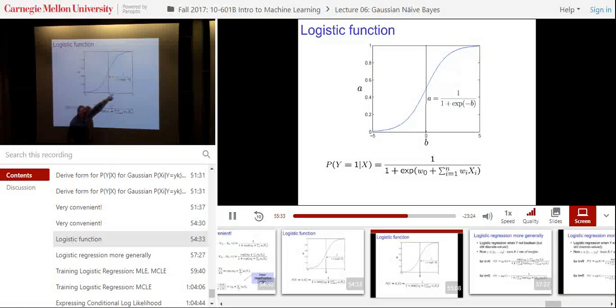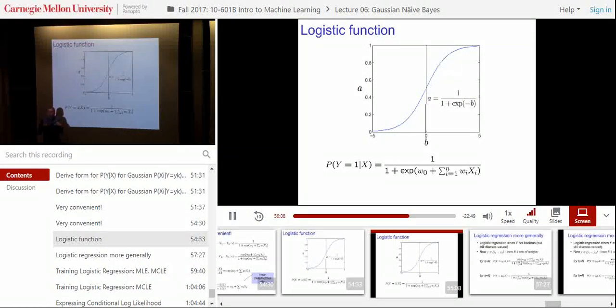This is called the sigmoid function. 1 over 1 plus exponential of minus x is called the sigmoid function of x. And so we can think of the probability that we're estimating as first computing some linear function of x and then feeding it into this sigmoid function to get a continuous probability.